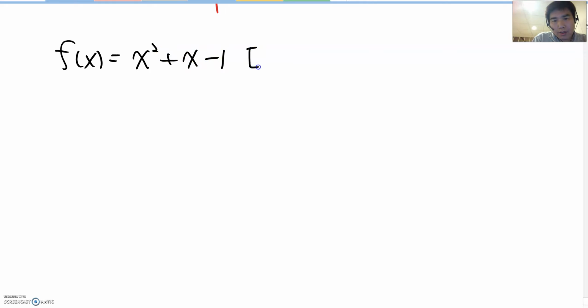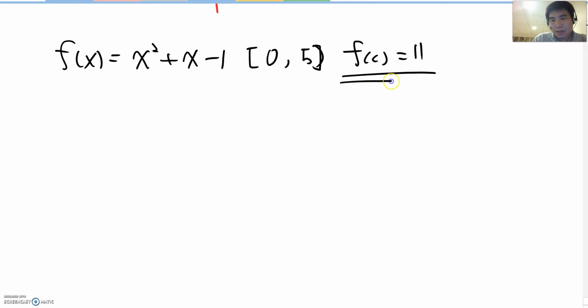So let's look at one more example. Given f(x) equal to x squared plus x minus 1 and the interval [0, 5], we want to confirm that there is an input c that will give 11.